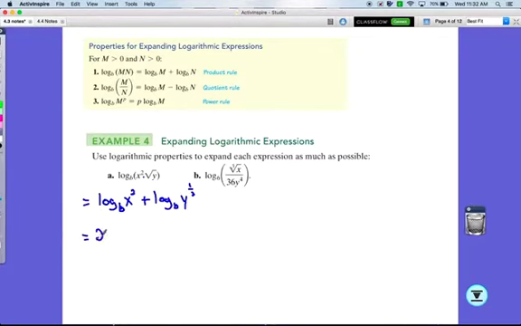So this becomes 2 log base b of x plus 1/2 log base b of y. Okay, so I use the product rule to break it apart first, and then each of the individual powers I can bring.